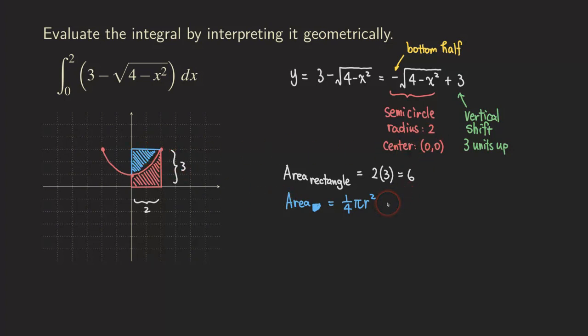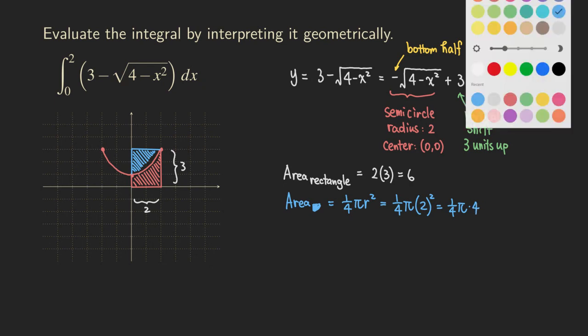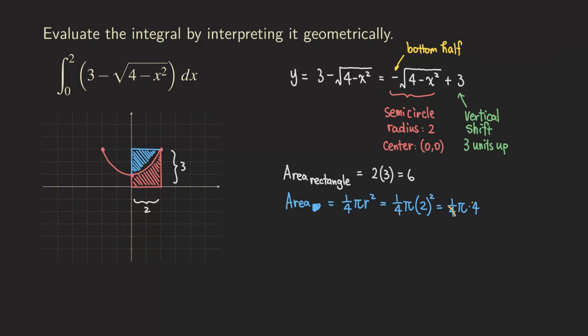So you're going to plug the 2 in there, so you get 1/4 pi times the 2 squared. So now if you just simplify this, well, actually, it's 1/4 pi times 4. And then you can see that we will be able to cancel the 4s, right? So we are going to be getting, what is that? That's going to be pi.